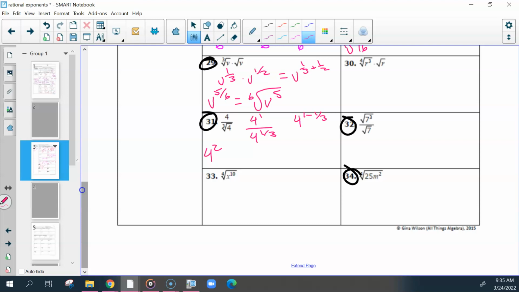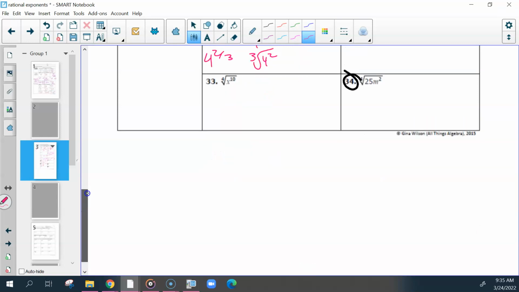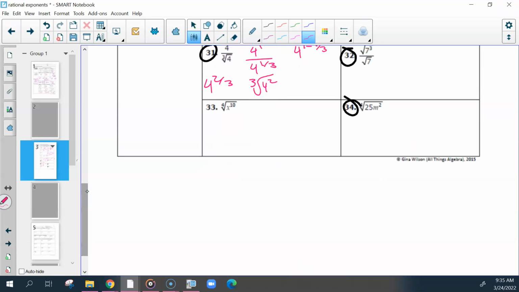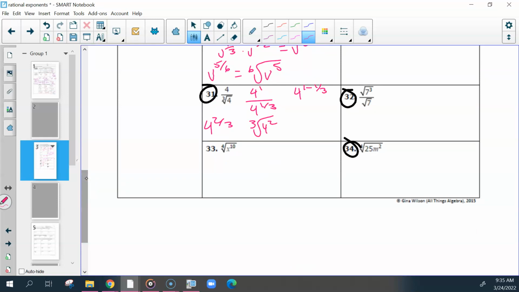Or would we write that in exponent form? And then 4 squared gives us 16. This we can break down more. 8, yes.